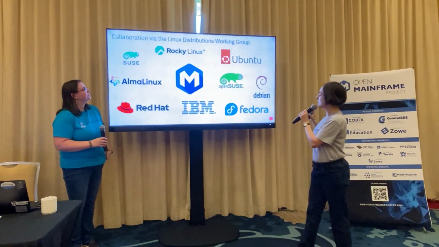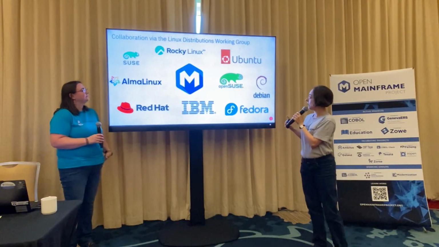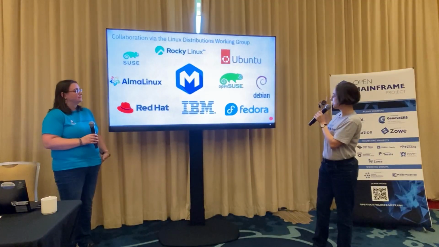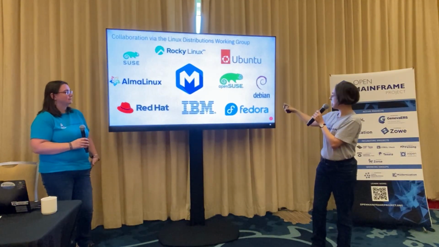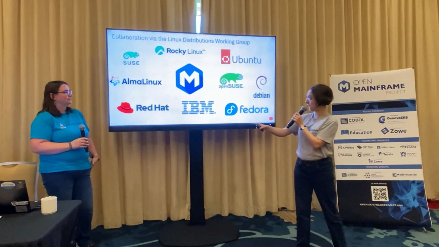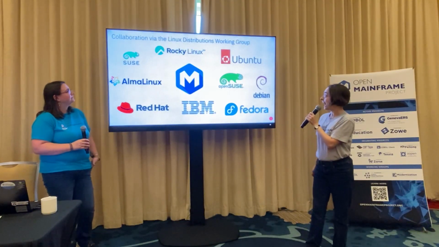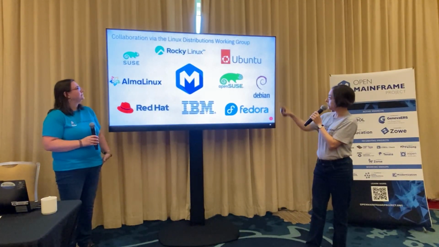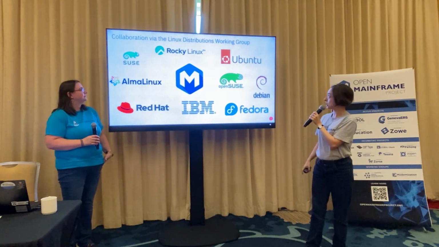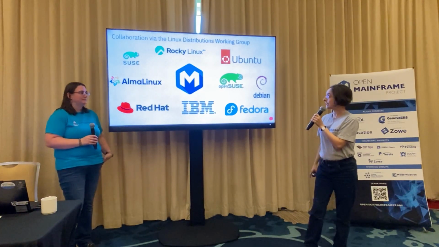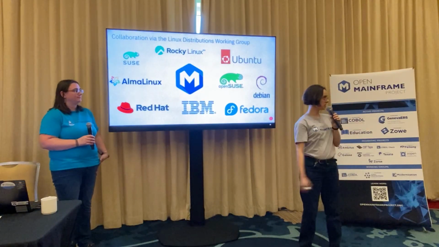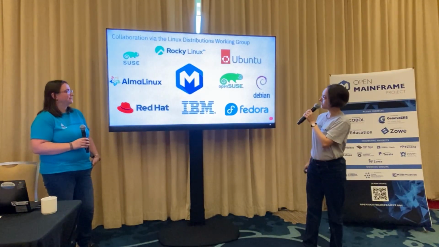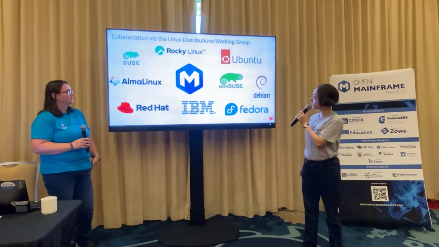Okay. Yes, I said already we started together with OpenSUSE, Debian and Fedora and together with IBM. After FOSDEM, Rocky Linux and AlmaLinux have joined. And the first supporter or sponsor of our Linux distribution working group was SUSE.